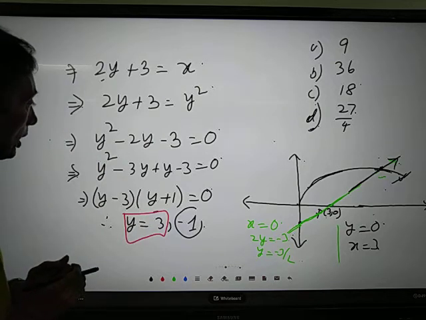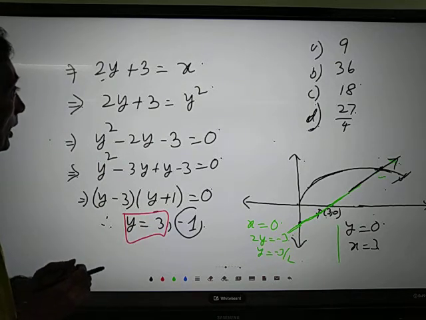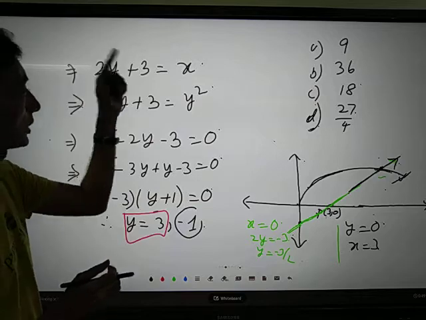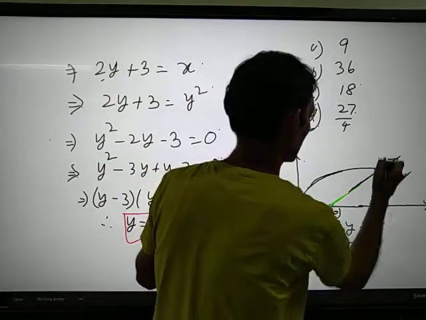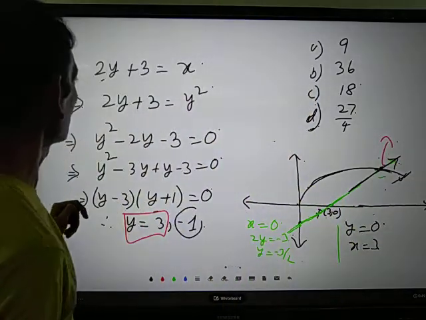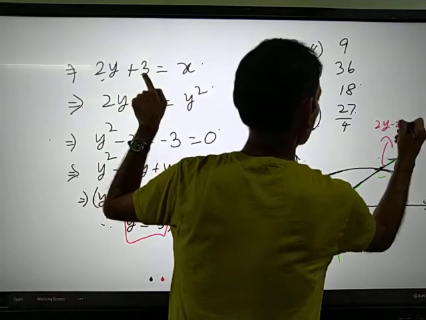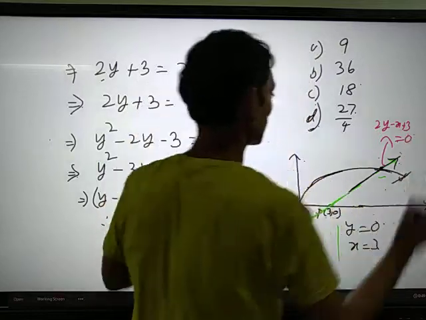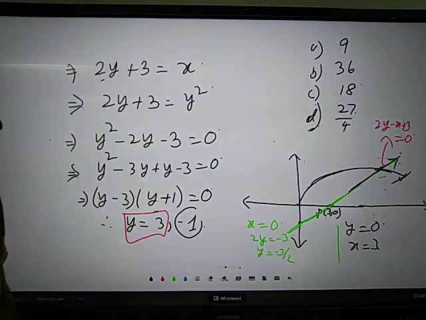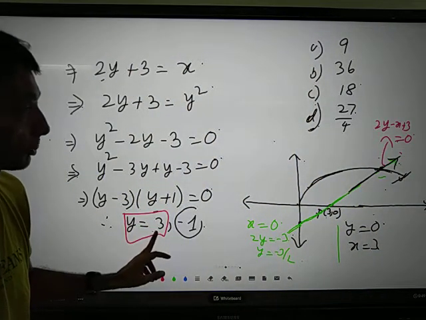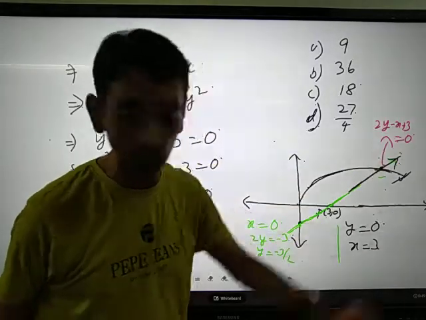What is the line? The equation of the line is twice y minus x plus 3 equal to 0. This is the equation of the line. Now in case y equal to 3, if you substitute, what is the value of x?